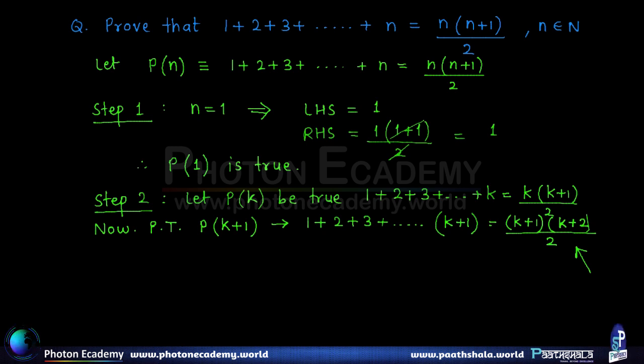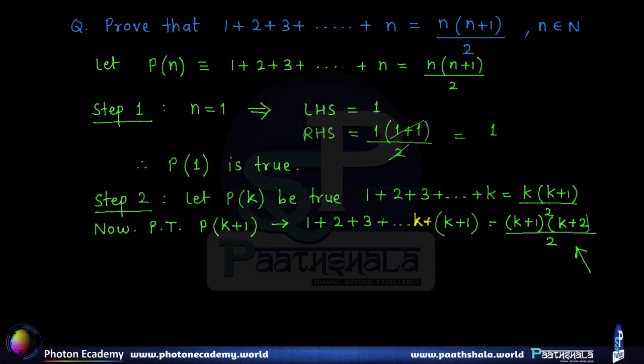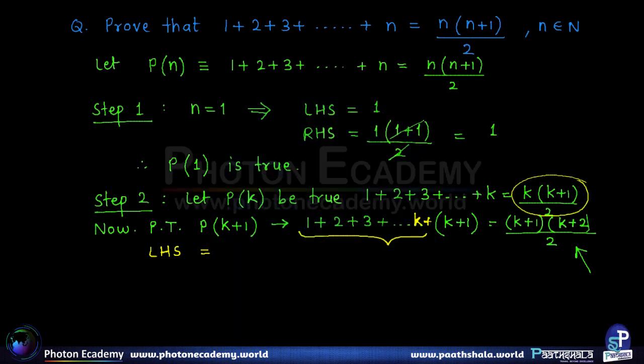Now let us take the one term which comes just before k plus 1, and you will agree that it is nothing but k, isn't it? So when we start with the LHS, you see the sum of terms from 1 to 3 up to k can be replaced by k into k plus 1 by 2, isn't it?